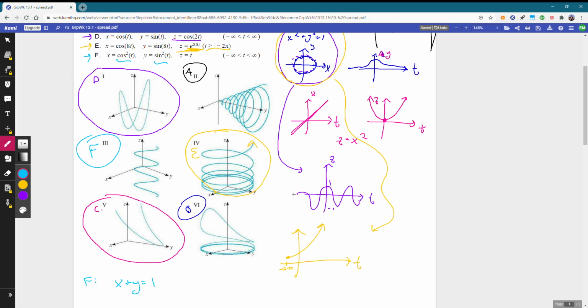Because cosine squared plus sine squared equals 1. And so in the xy direction, it says y equals 1 minus x, so it's going to look like this. Our curve is just moving back and forth somewhere along this line, here.